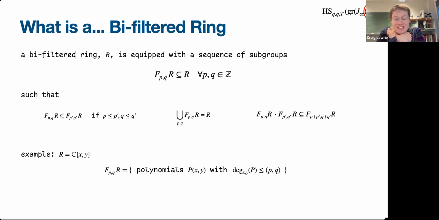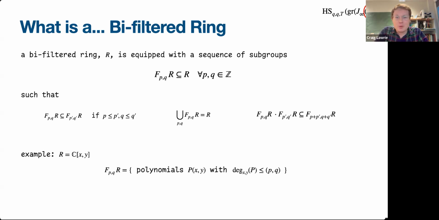Now, this is easier explained by way of an example. Let's just take the free ring in two variables, x and y. We can define a filtration by taking all polynomials whose degrees are less than some numbers. You can convince yourself that all of these axioms for the filtration are satisfied. This is the idea to hold in your mind for what a bifiltration is.